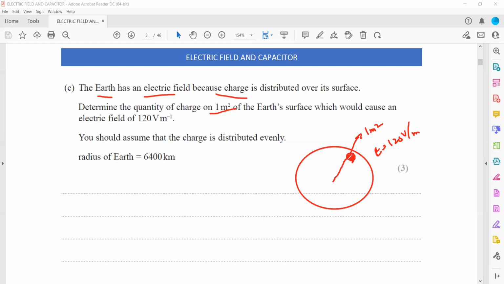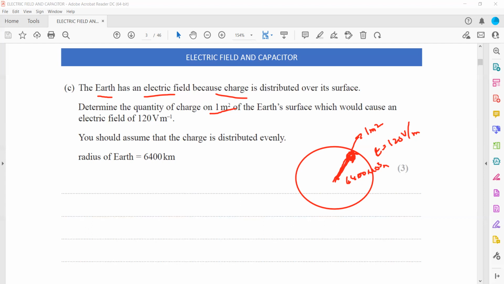And the distance, the radius of the earth, is 6,400 × 10^3 meters. So first, we will use this strength and find the total charge.